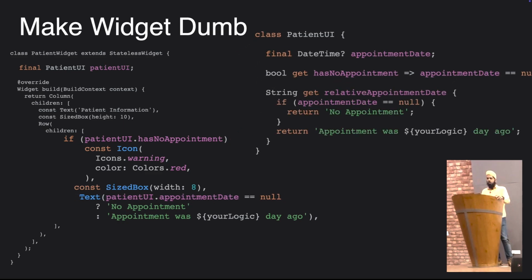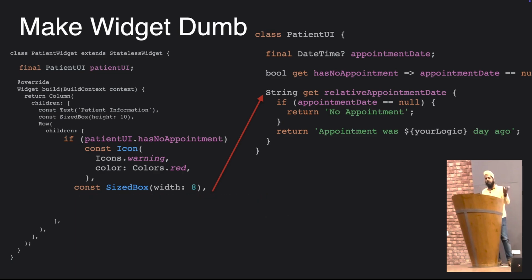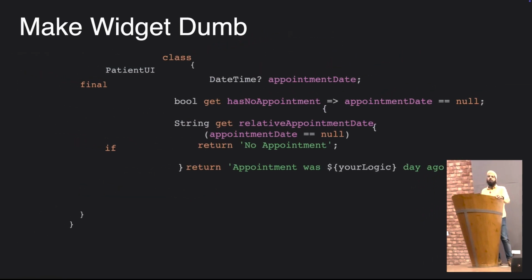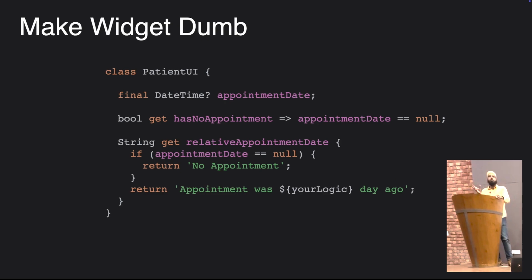Similarly, you can create a method called relative appointment date, which will take that appointment and show the message accordingly. This is basically this line of code, and you can move that into here. Now this will become relative appointment date. So you basically move all that logic from your widget to the patient UI. And this is how your patient UI becomes. And now it's very easy to test also, because it's not dependent on any framework.